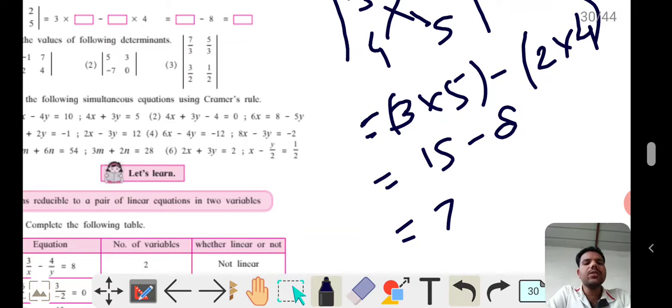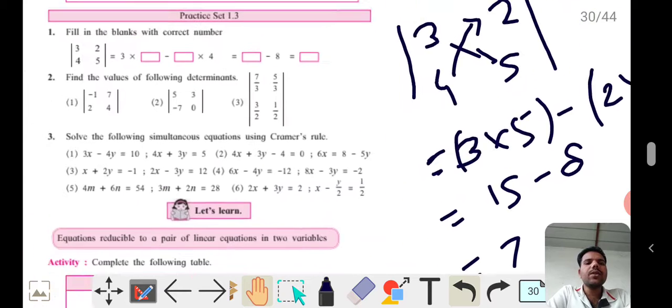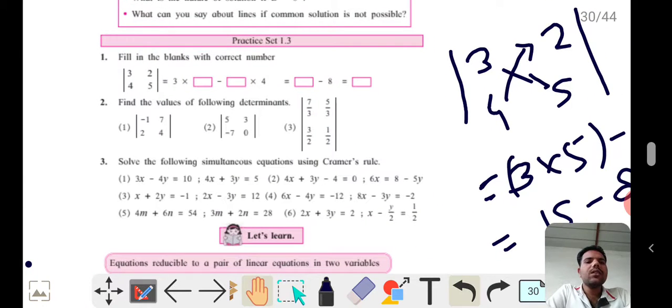So the value of this determinant is 7. You can fill the blank as 3 into 5 minus 4 into 2, or 2 into 4, which is equal to 15 minus 8, so equal to 7.